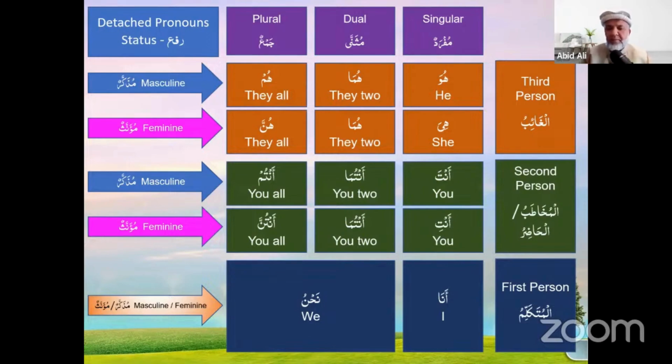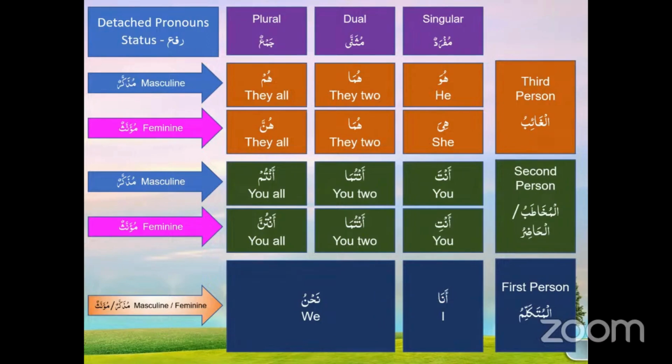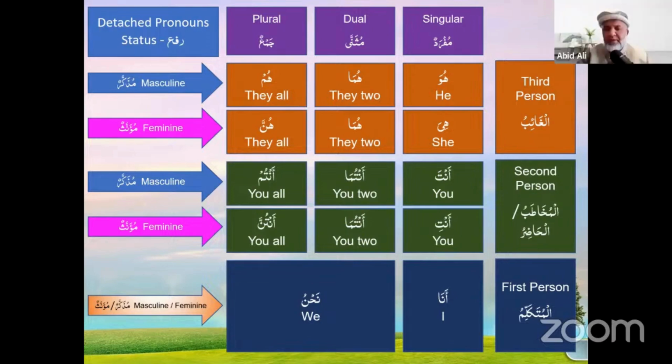How many are they in number? 14. Yes. Three for male third person, three for male second person, and two combined male and female first person. Three for female third person, three for female second person, and again the two combined. If you count them, they are total 14. And you know what singular means, right? Singular means one person, single, wahid.